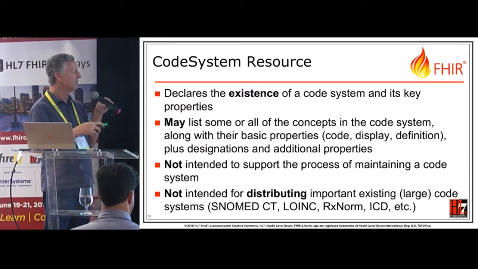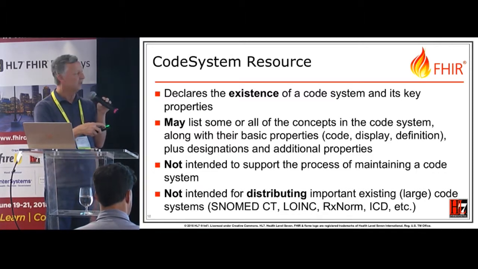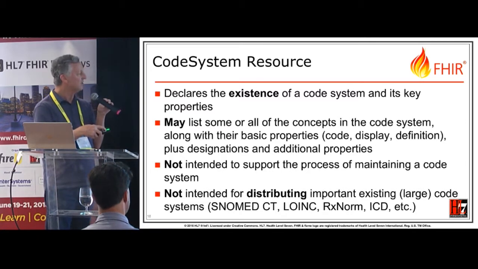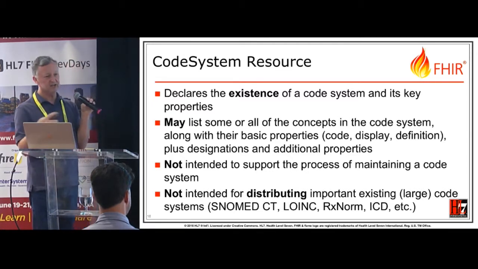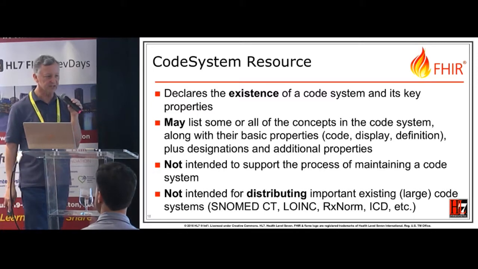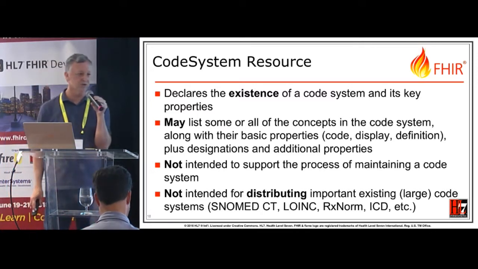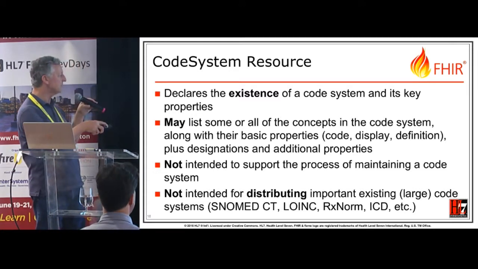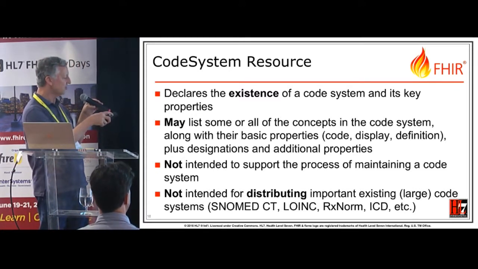It may or may not list some of the concepts in the code system, along with their basic properties, which could be, again, code, display and definition, plus you could also have additional display terms, which we call designations, or additional properties, and that's defined by the code system publisher. So LOINC has a set, and SNOMED has a totally different set, and some code systems don't really have properties. But anyway, that's what you can do in CodeSystem.